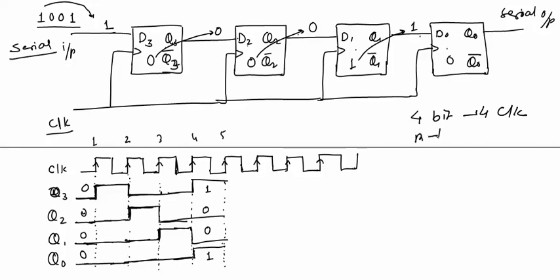So for loading n bits, we will require n clock pulses. So for loading the serial data in a shift register, if we have 4 bits, 4 clock pulses are required. If we have n bits, n clock pulses are required for loading the serial data in a shift register.